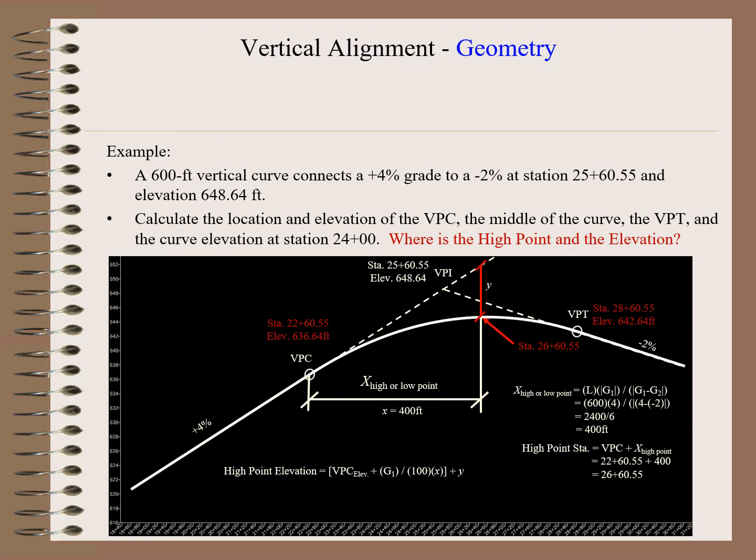So that's the only trick you have to remember when using this equation, is that the Y value is from the grade 1 tangent line. So we have to calculate Y. Y again equals the following equation. If we plug in the numbers, we get a value of negative 8 feet for Y. When we plug in the rest of the values, we get the following, and for a high point elevation, we get 644.64.